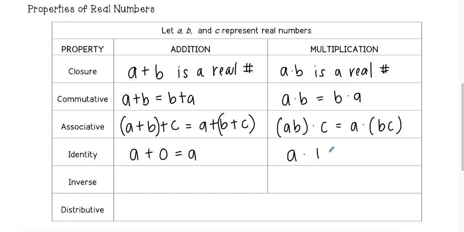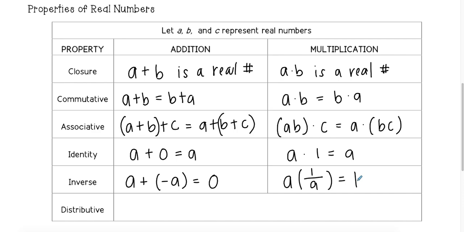A times 1 equals A. Inverse, opposite. So if I had A, the opposite would be negative A. It will equal your identity, 0. Okay, for multiplication, it's going to be your reciprocal. So it'd be A times 1 over A, which will equal my identity, which is 1.